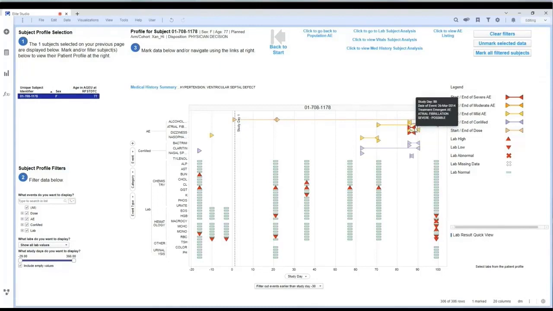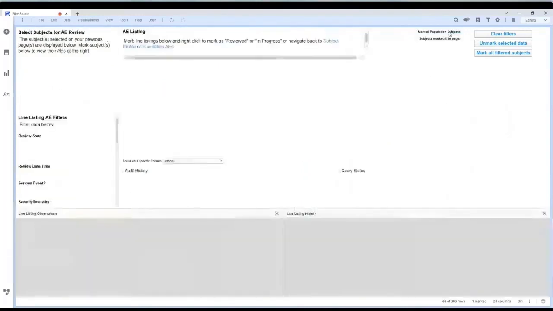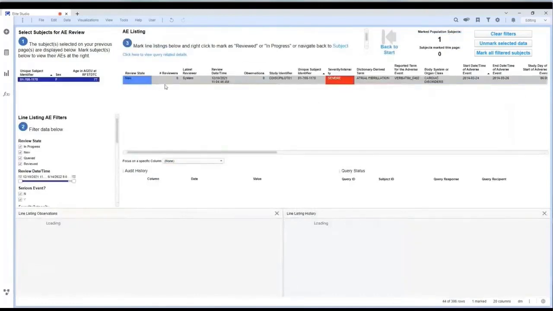So I am really concerned at this point as a medical monitor that both of these conditions are related to treatment, and I want to be very careful to ask questions and understand what's going on with this.